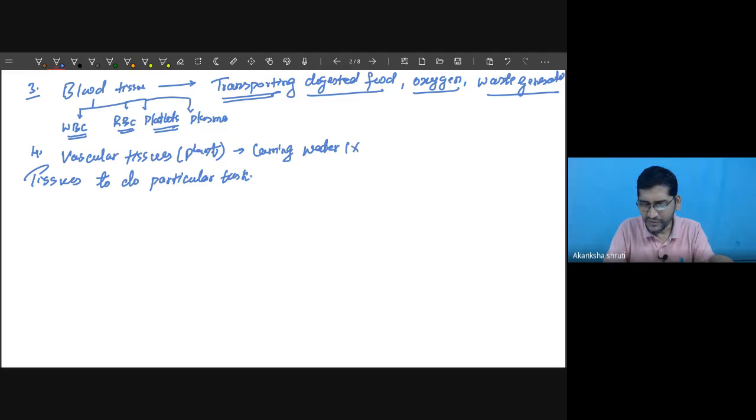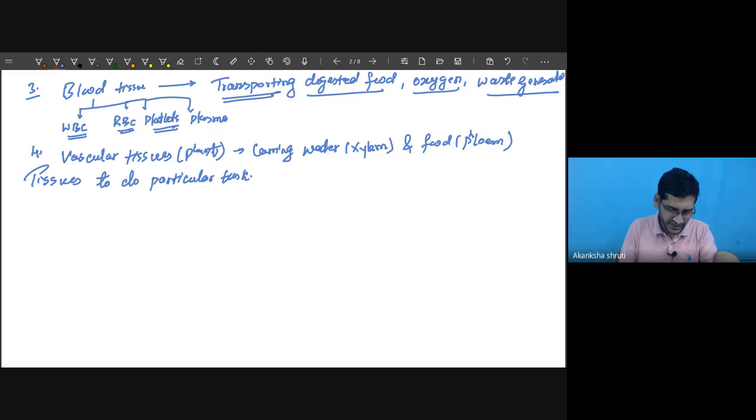For water, one particular kind of tissue called xylem is there. This we will learn. And for food, phloem is there. Okay, students, so these tissues are performing particular tasks. This thing we have to keep in mind.